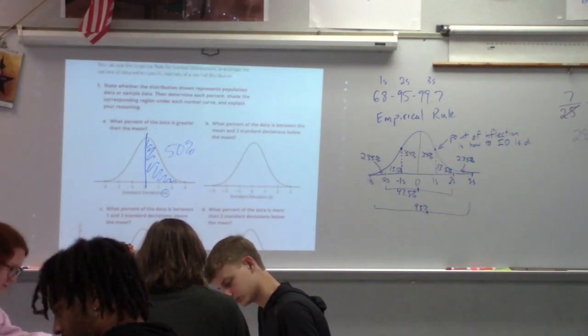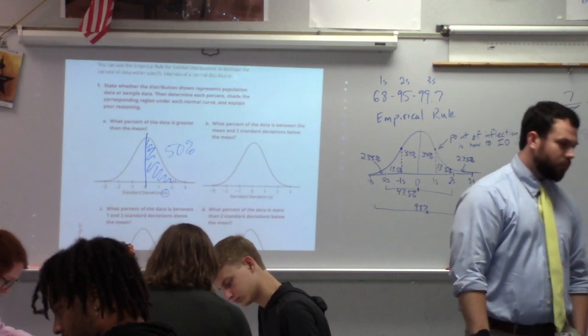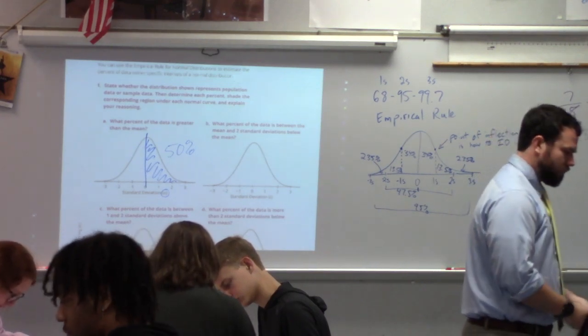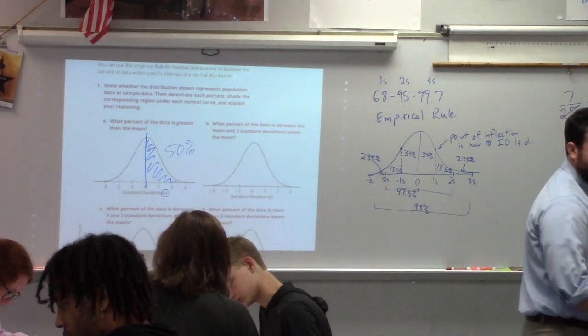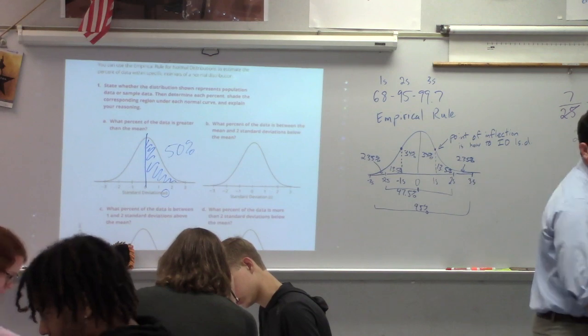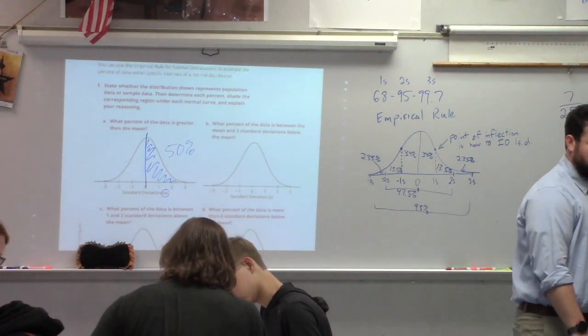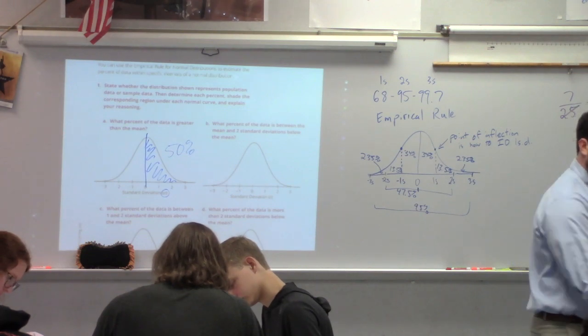Wait, what made you cut it in half and shade it? Because of the directions: what percent of the data is greater than the mean? Remember, 0 is the mean, and greater than the mean. What does the question ask?